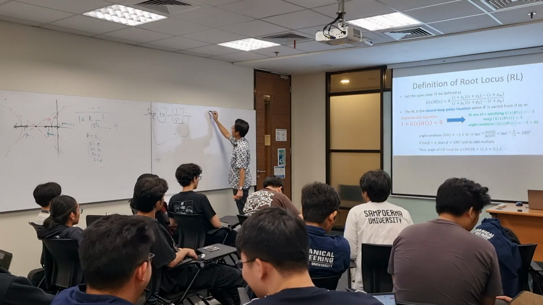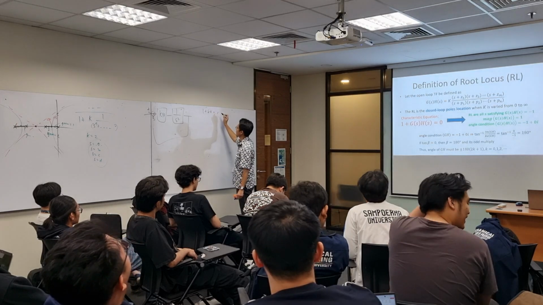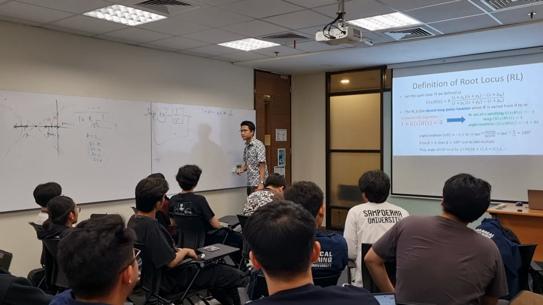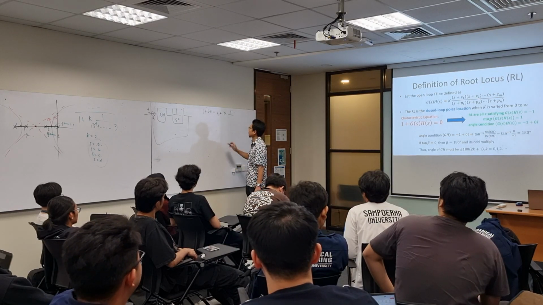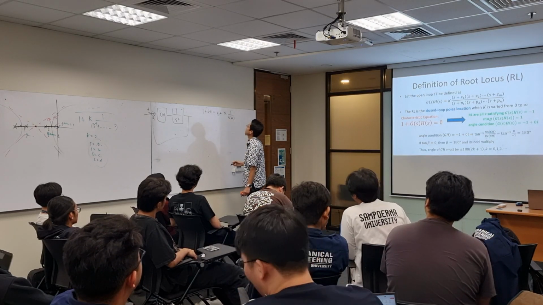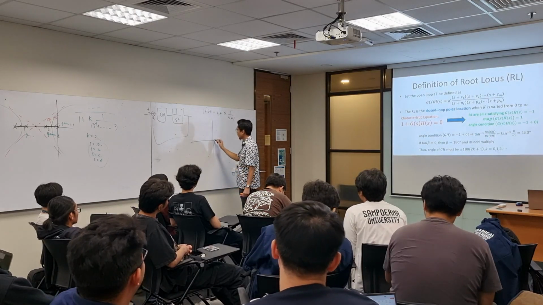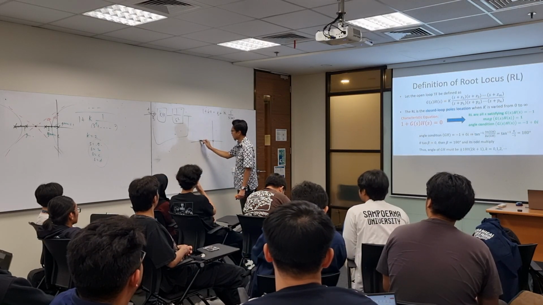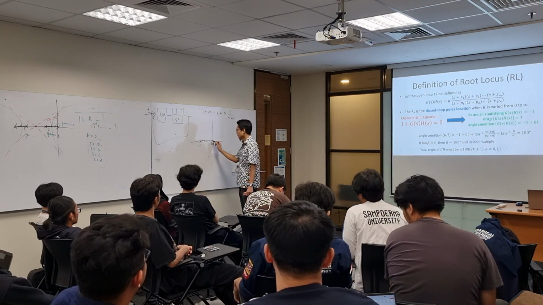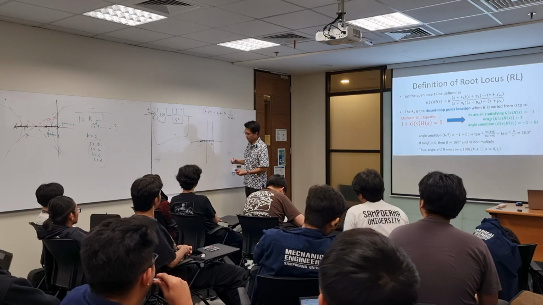Let's say 1 plus GH is 1 plus K times 1 over S plus 1. So we know that we have open loop poles here, 0 and minus 1, and also a closed loop pole over there, and later on it will go there.